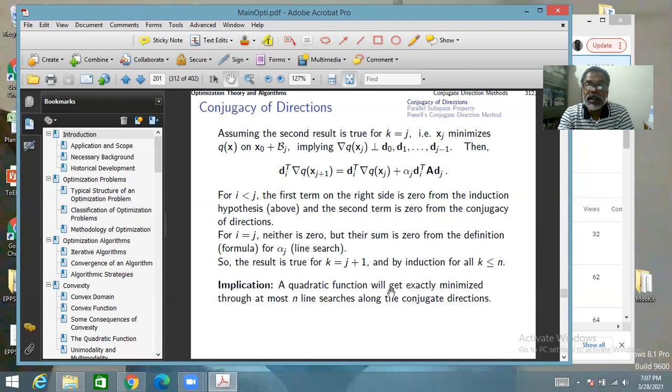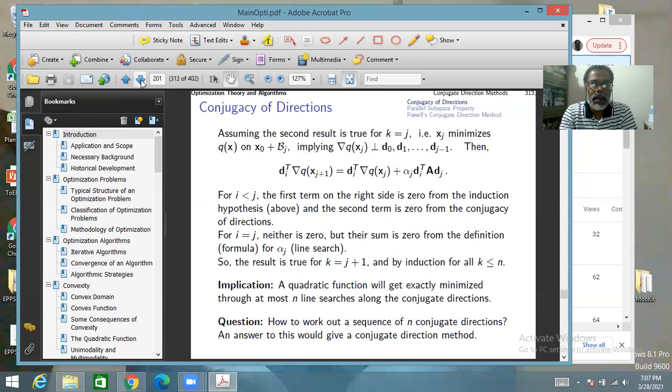And that means that a quadratic function will get exactly minimized through at most n line searches along the conjugate directions. Now, we started with the understanding that we have n conjugate directions in our hands. Now the question is how to get them.